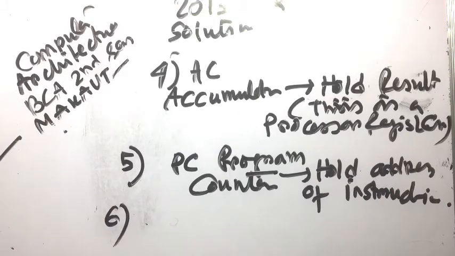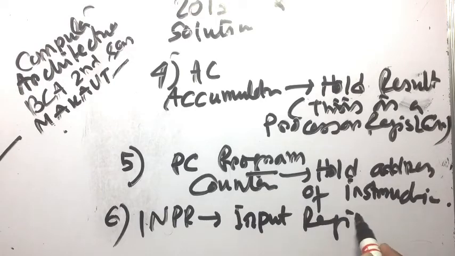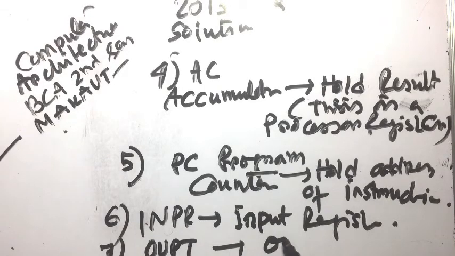Next, 6, INPR, that is input register, which holds input data. Number 7, OUTR, output register. It holds the output data, the output character.